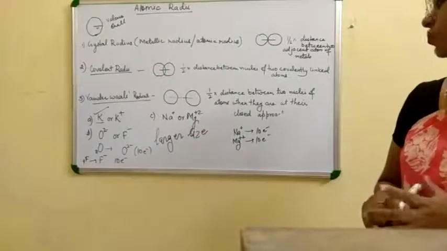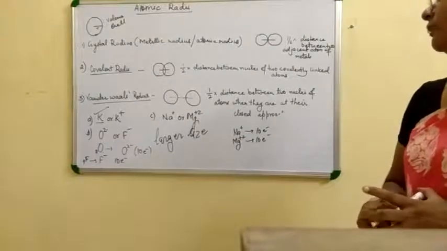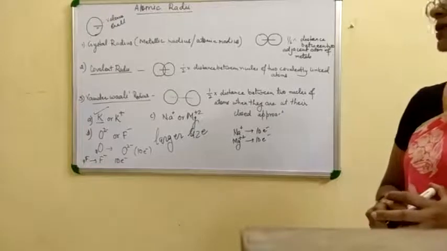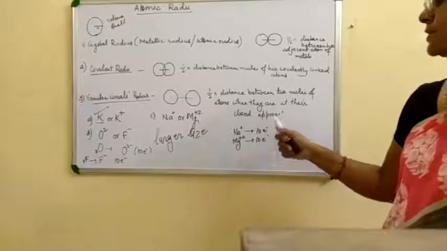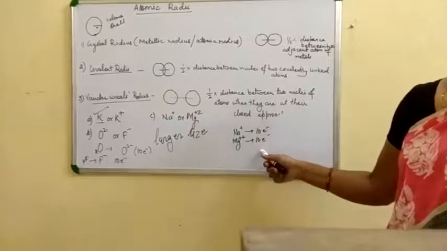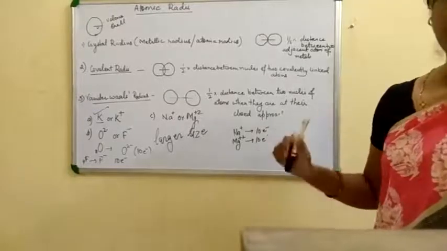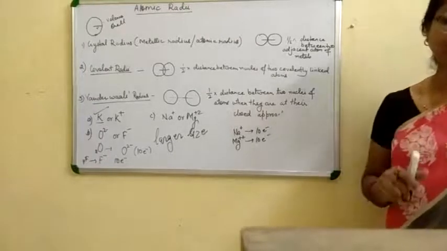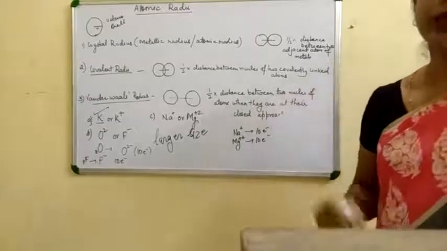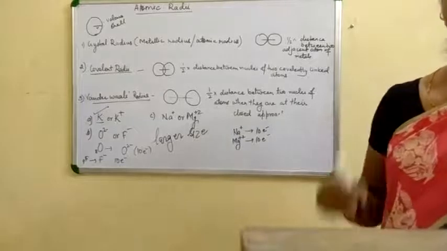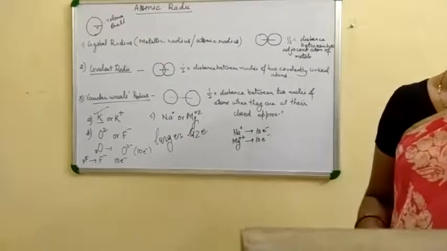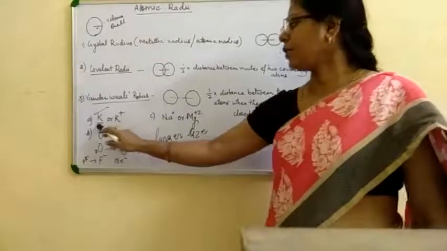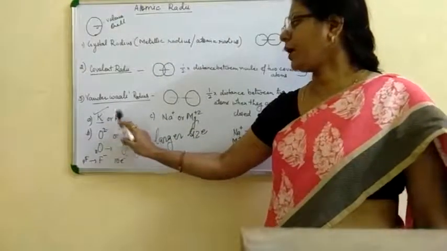In the case of sodium, only 11 protons are present, means nuclear charge is less than in the case of magnesium, which contains 12 protons. That's why sodium ion is bigger, because it contains lesser nuclear charge.